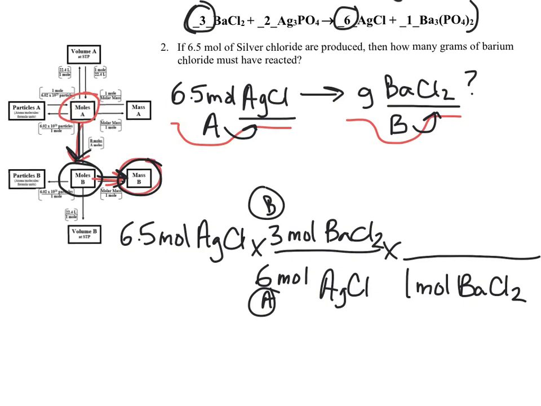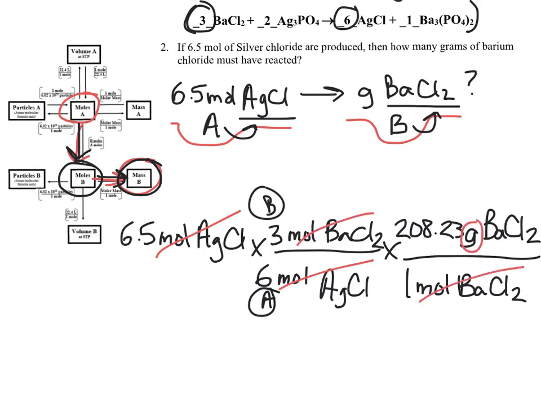I won't make it again, though. And on top, I need the molar mass of barium chloride, which means I'm going to take the mass off the periodic table. So 1 barium plus 2 chlorines, I end up getting about 208.23 grams. All right, double check your work. Do moles of AgCl cancel out? Yes. Do moles of BaCl2 cancel out? Yes.